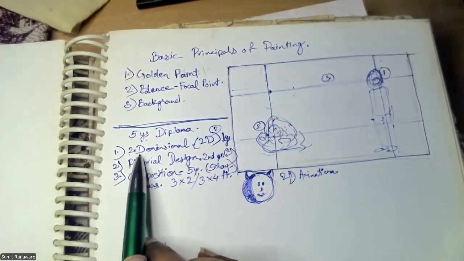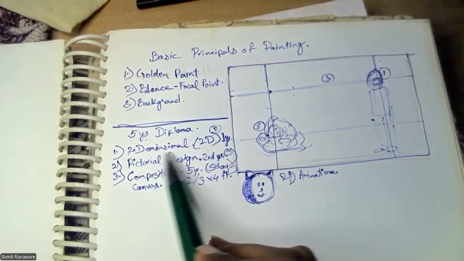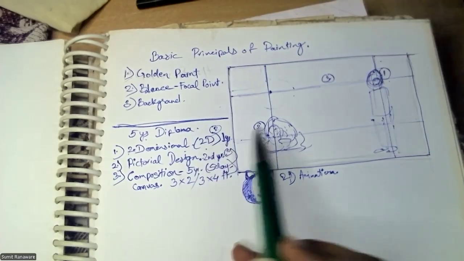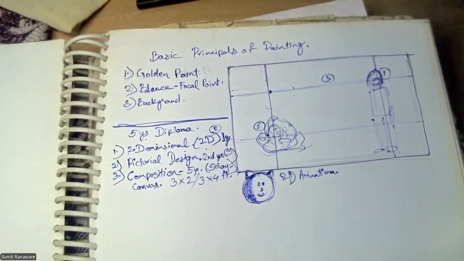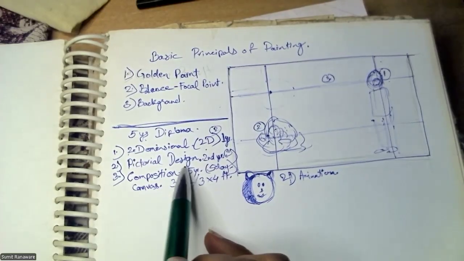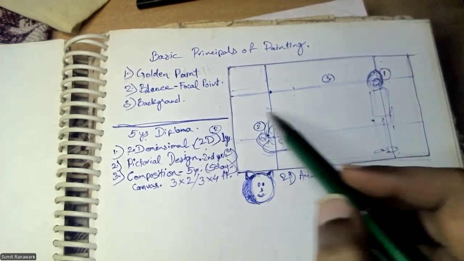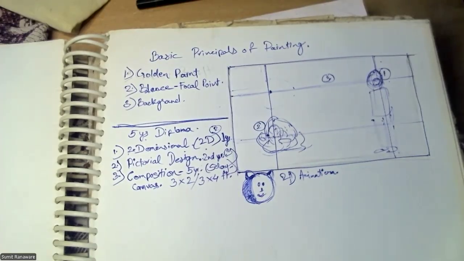So the first subject to learn in painting is 2D, two-dimensional, which is taught in the first year of fine art college. In the next year, this subject becomes a little more advanced, and then it is called pictorial design. In pictorial design, you have to add some human figures, and then you can experiment in a lot of ways.